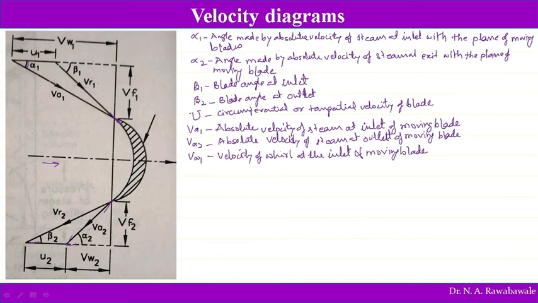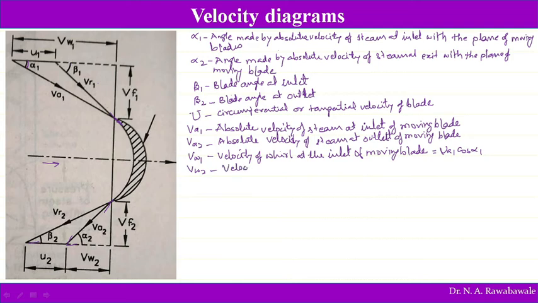If we resolve this VA1 along the horizontal direction, we get VW1. So VW1 is nothing but the tangential or horizontal component of VA1, which is written as VA1 cos alpha 1.